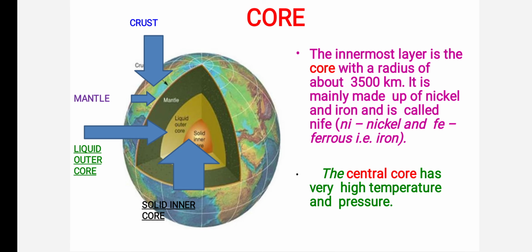The radius of the core is about 3,500 kilometers and it is made up of nickel and iron. Nickel is Ni and the iron's chemical name is ferrous, so Fe. Ni, Fe together we call nife. The central core has very high temperature and very high pressure, which is why it is solid. As I told you earlier, the outer core is liquid and the inner core is solid.